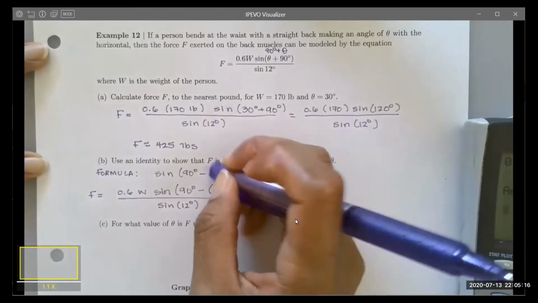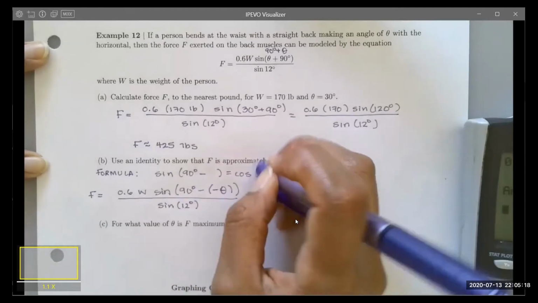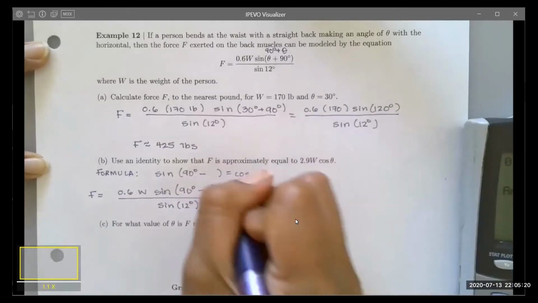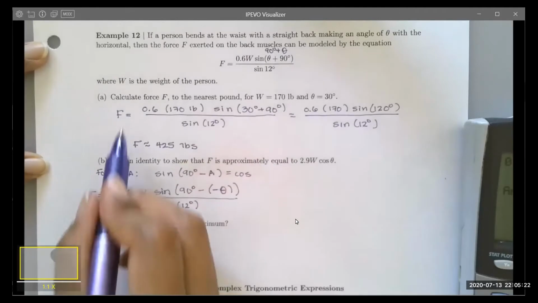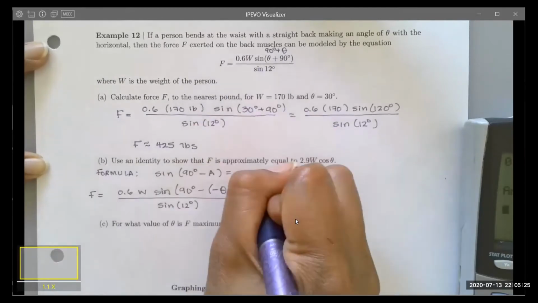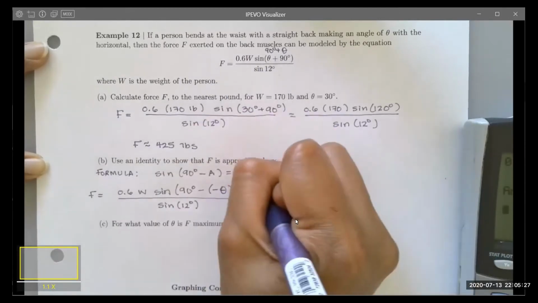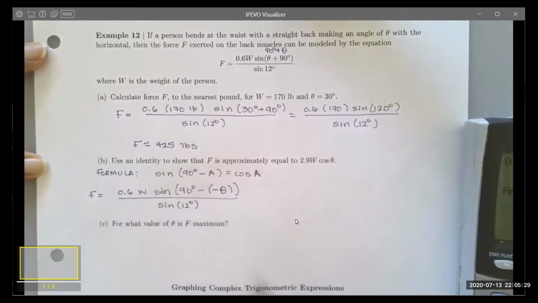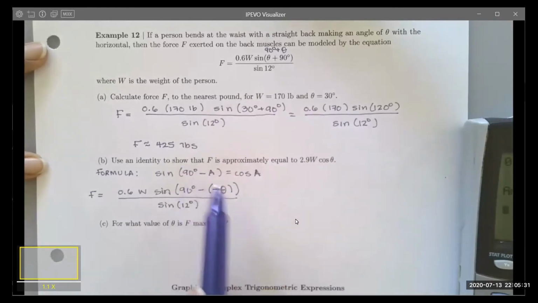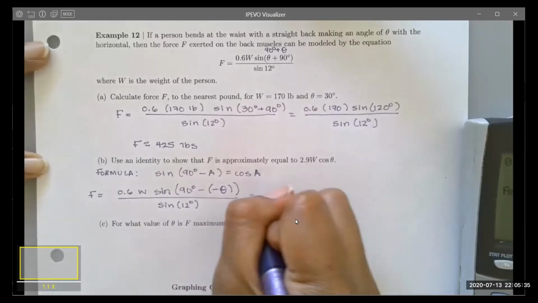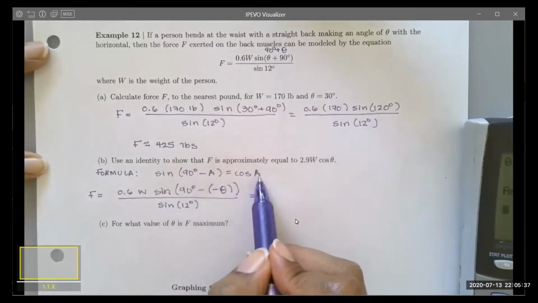And just so that you don't get confused between this theta in the co-function formula and the theta given in the equation for force, let me change this variable into A. Now, according to the co-function formula, if you have 90 minus some angle, that is going to be the same thing as cosine of the angle.